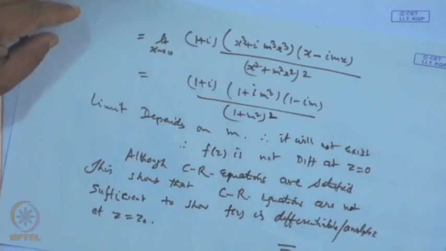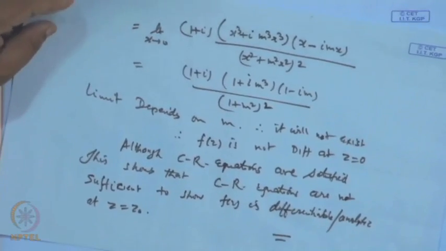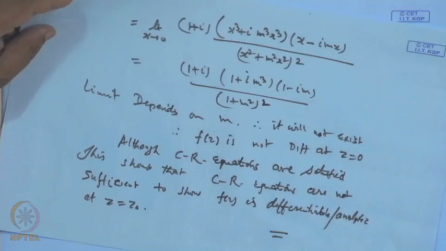Okay. Now, if we look at the converse part of it, converse means that not satisfying the CR's equations will give the condition.